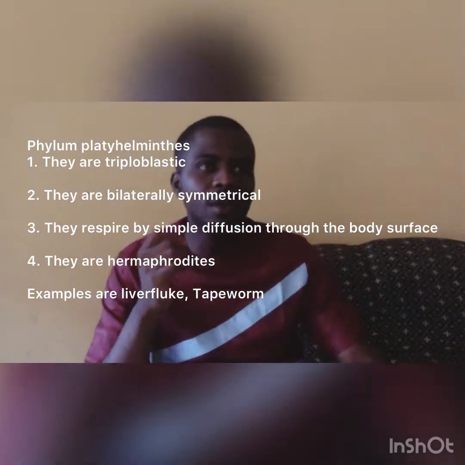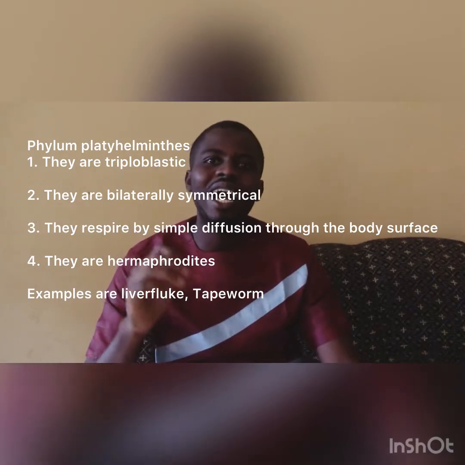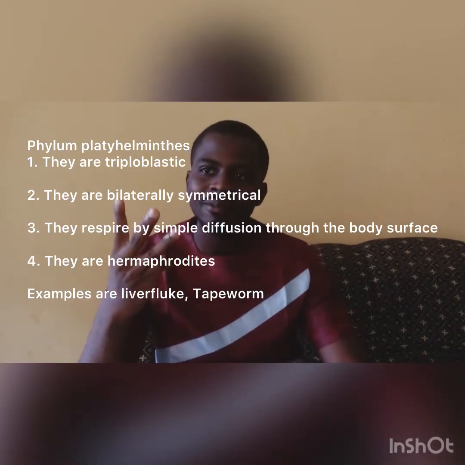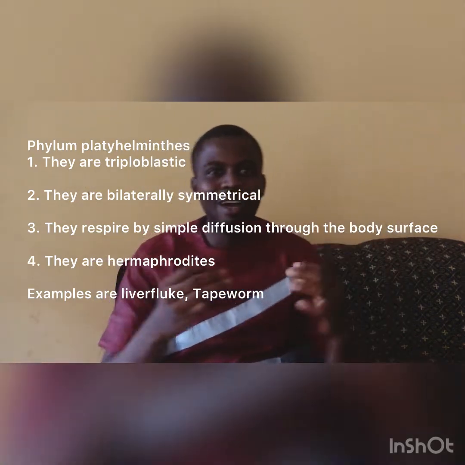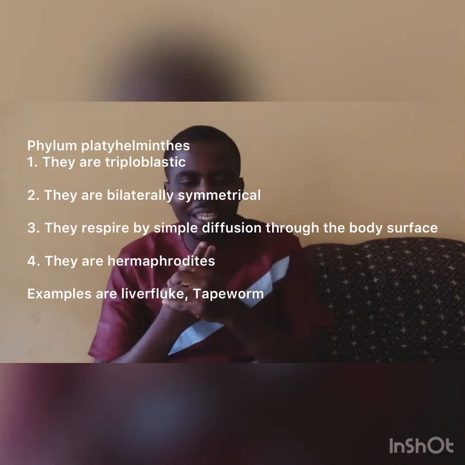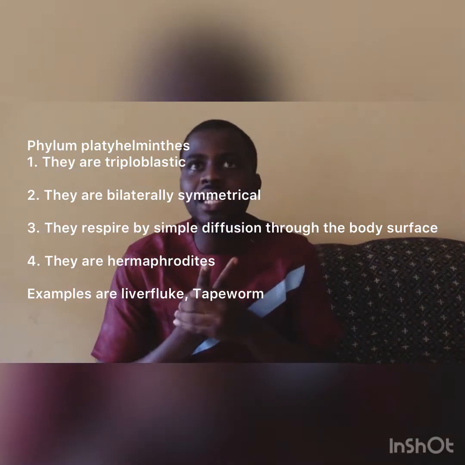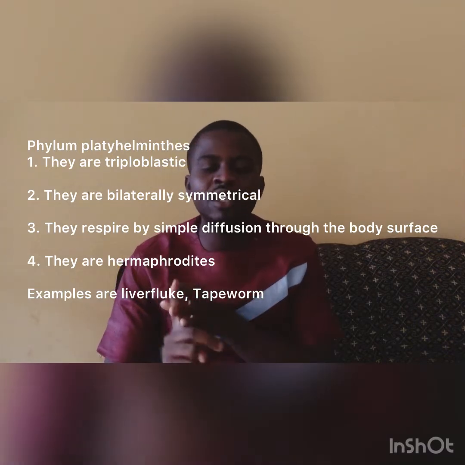So phylum Platyhelminthes are triploblastic, which shows that they have 3 body layers, unlike the first phylum that we mentioned before. In the Coelenterata, they have 2 body layers, but the Platyhelminthes have 3 body layers, which are the ectoderm, the mesoderm, and the endoderm.